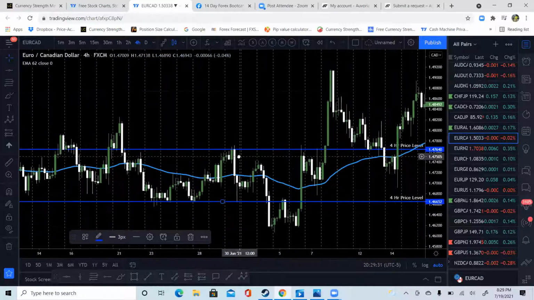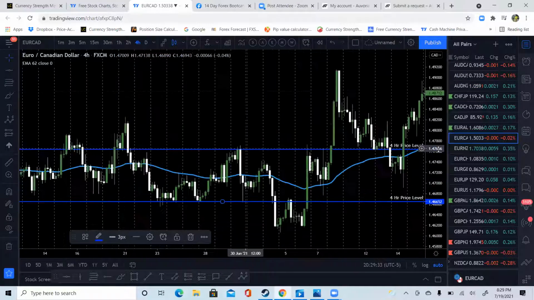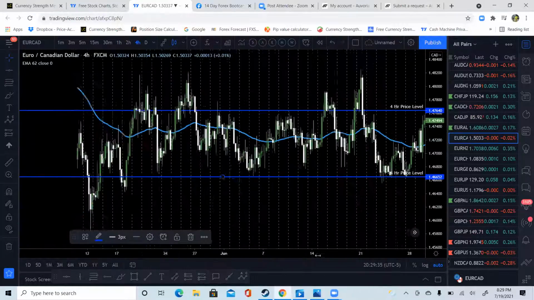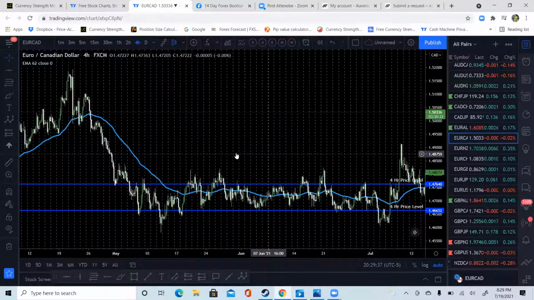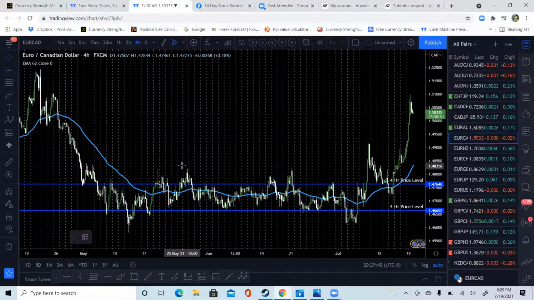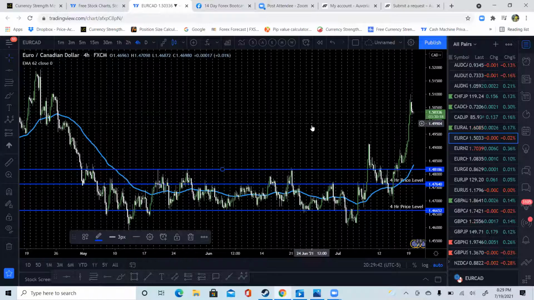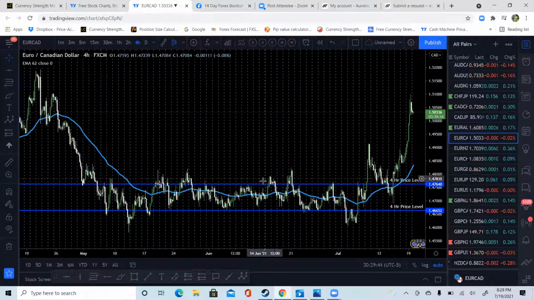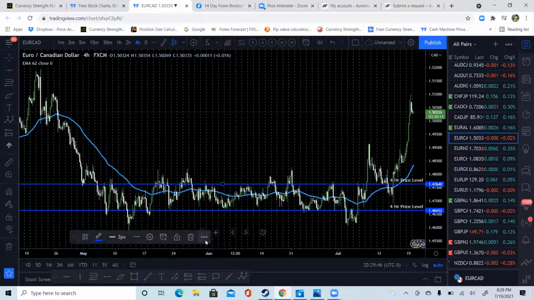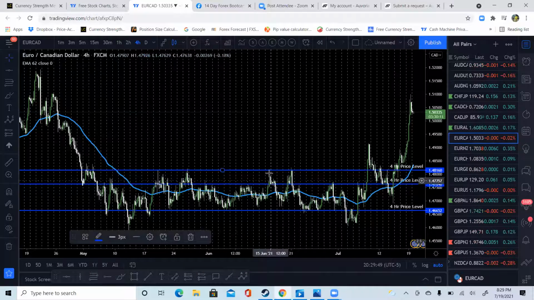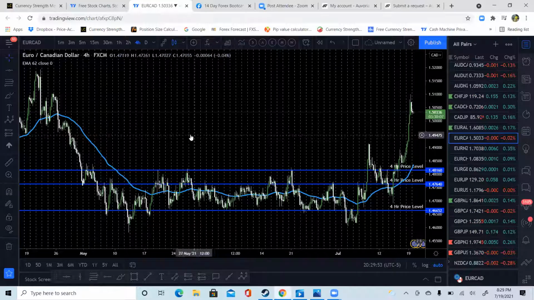So 4-hour, any more 4-hour ones, zoom out a little bit, see if I can get more understanding. So right here. It actually copied right on the spot.